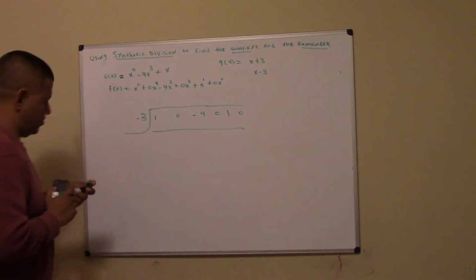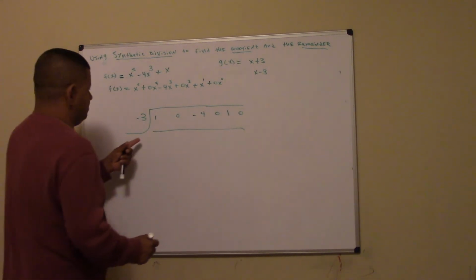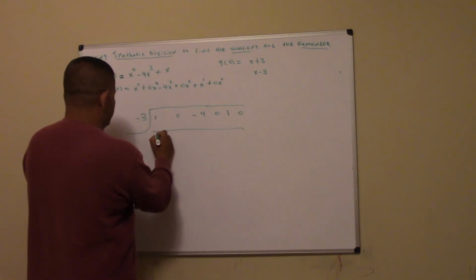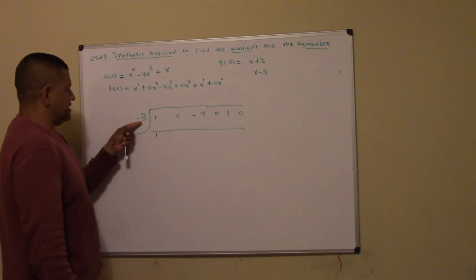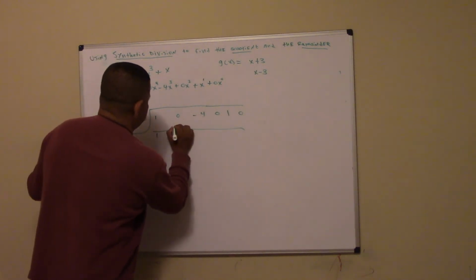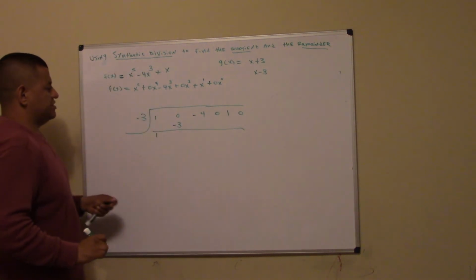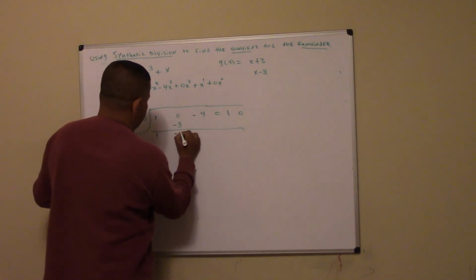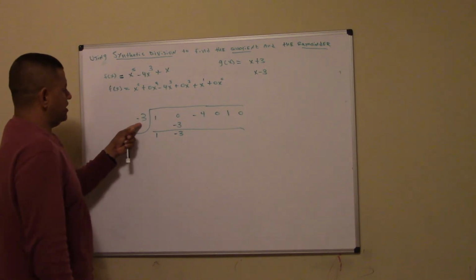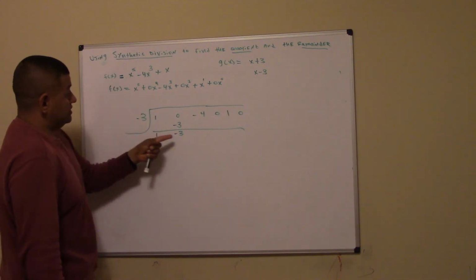Okay, so let's do this again. -3 times 1, well, wait a second, I just dropped this, right? And then I'd say -3 times 1 is equal to -3. Okay, 0 plus -3 is just -3.